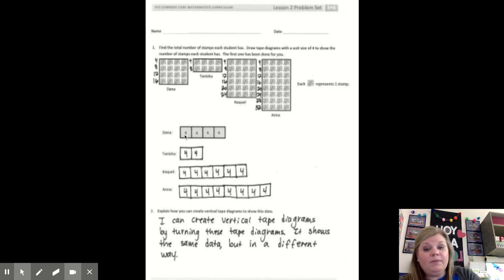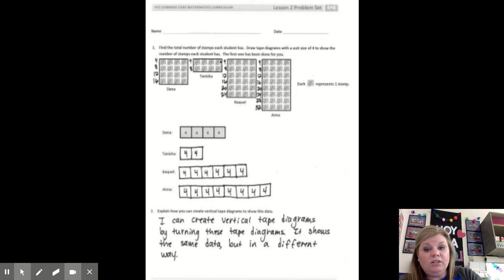Now, to do them yourself, you're going to have to draw tape diagrams for those. So Dana has already been done, and we know she has 16, so 4, 4, 4, and 4. 4, 8, 12, 16, and that's the same as 4 times 4 equals 16.